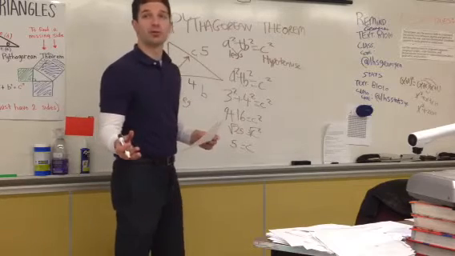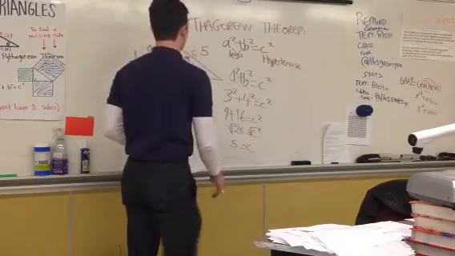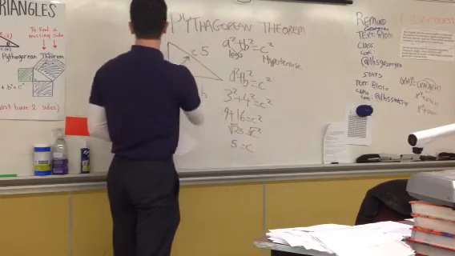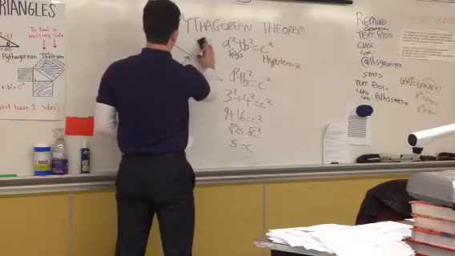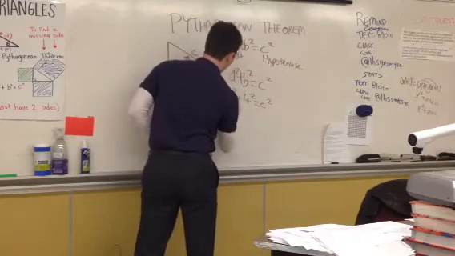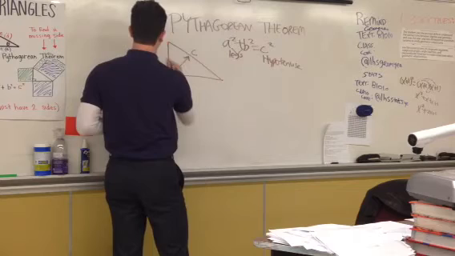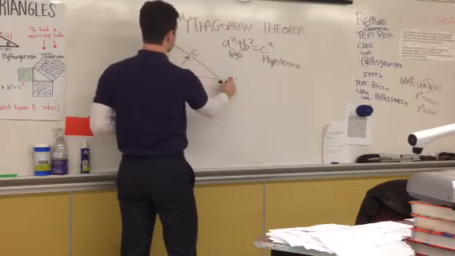Let's try one where we're doing some radical operations. In the previous videos, we spent a lot of time on radicals. Now we are going to use the Pythagorean theorem with radicals. So let's say I have 4, and I don't know what c is up here.